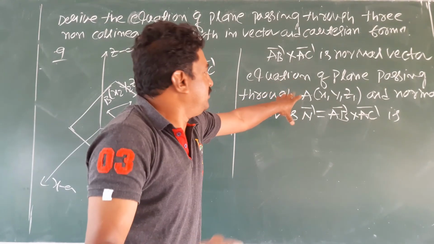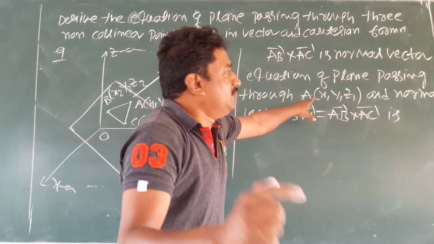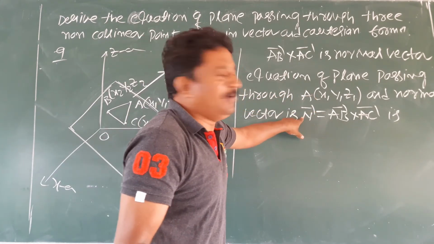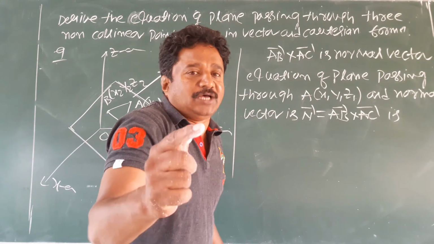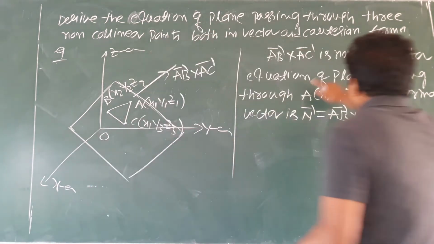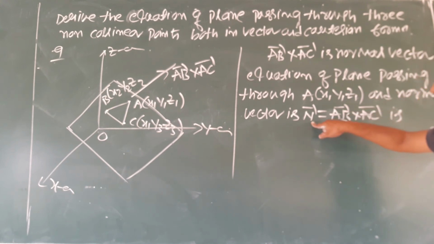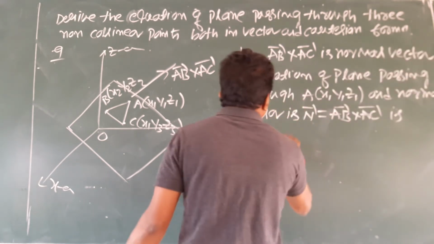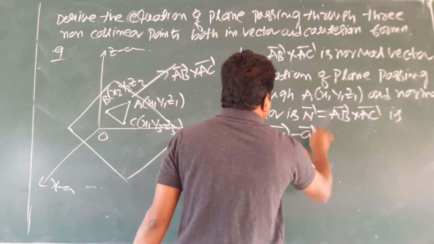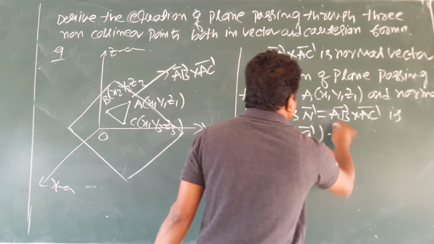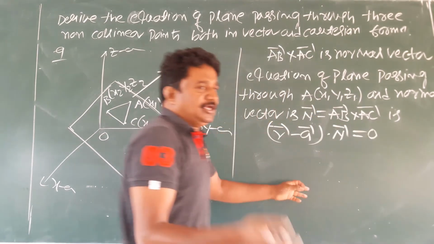In the second derivation, we are given a point and a normal vector. Let us make use of the same derivation. What is the equation of the plane passing through the point and normal to the vector n? That is (r minus a) dot n equals 0.